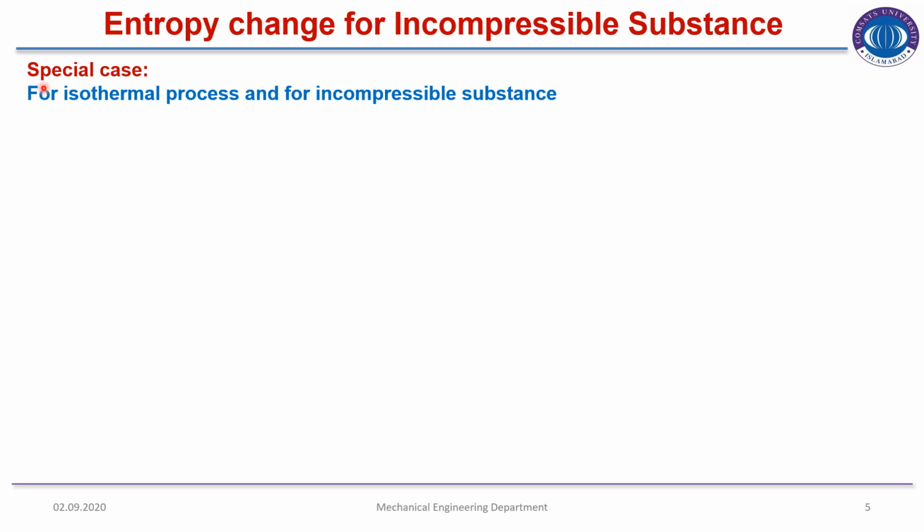Here we are discussing a special case for an isothermal process and for an incompressible substance. The change of entropy for incompressible substances is given by delta S is equal to mc natural log T2 over T1. Now for an isothermal process, the temperature remains constant.